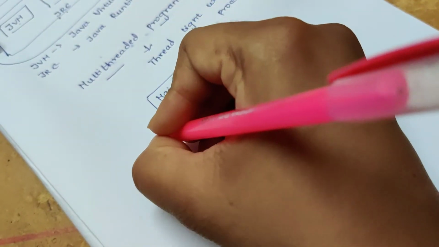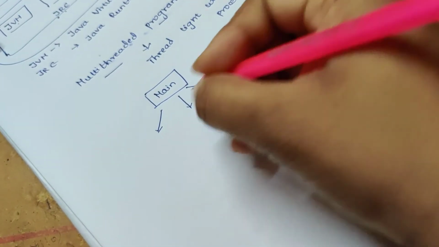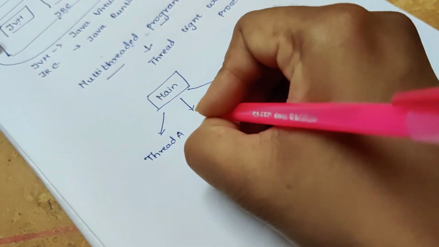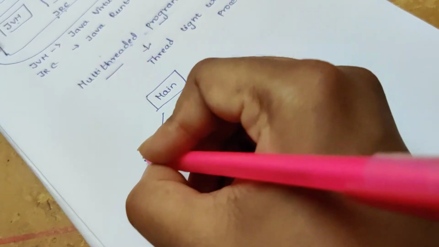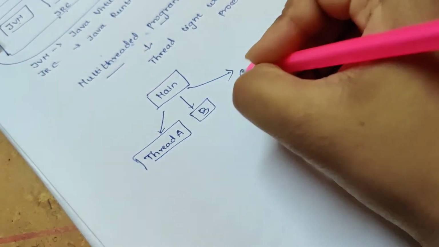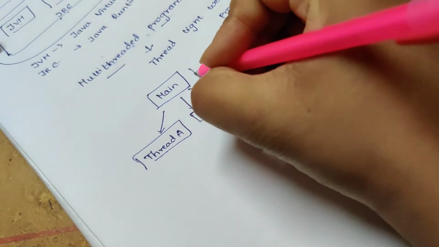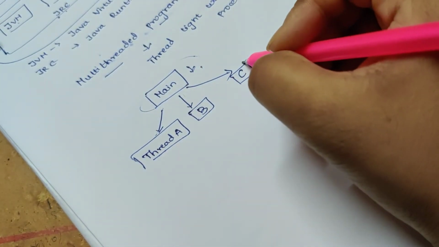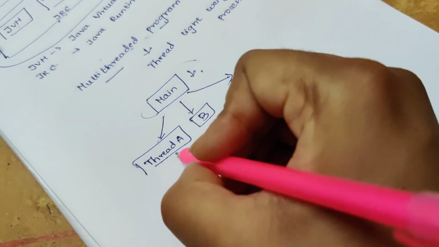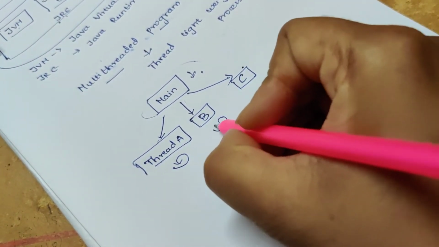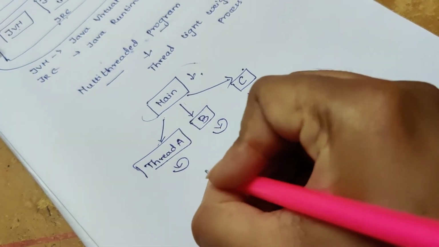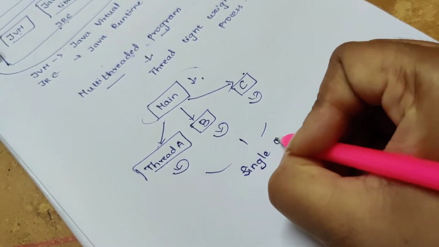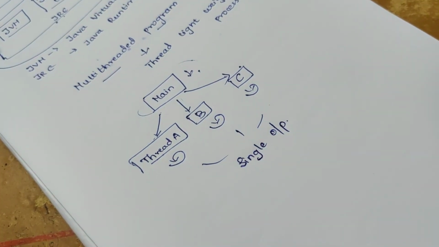So you have a main thread, where it is being divided into multiple small threads: thread A, thread B, thread C. So this main thread is being divided into multiple threads, and these multiple threads evaluate on their own to give a single output.